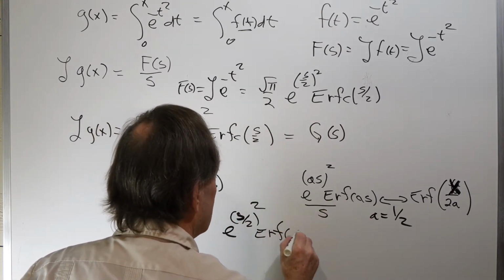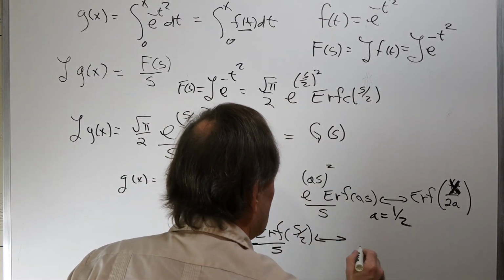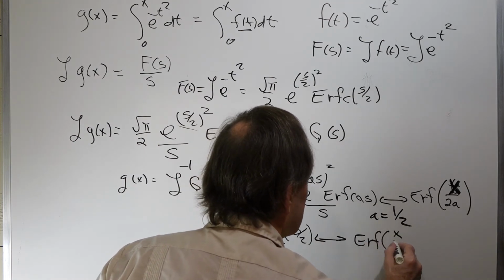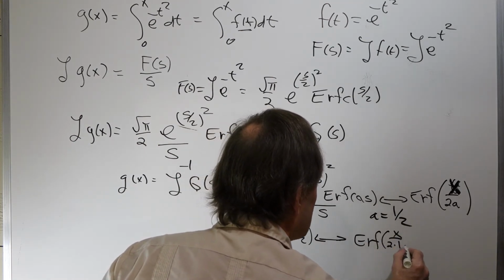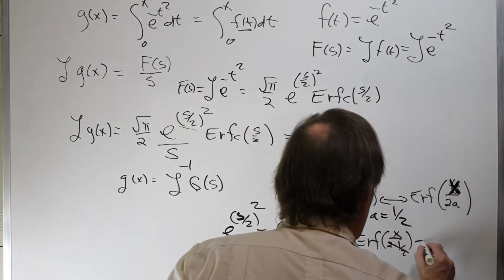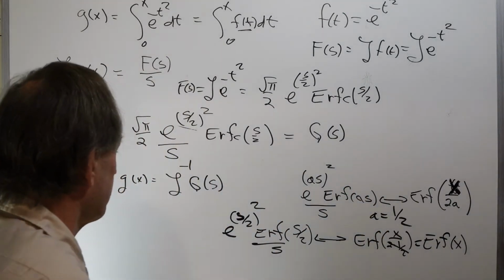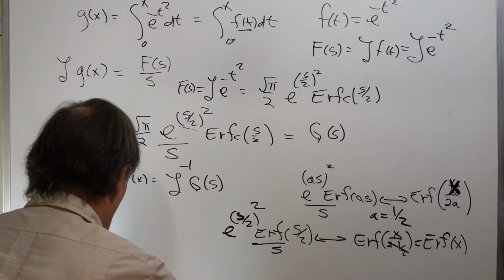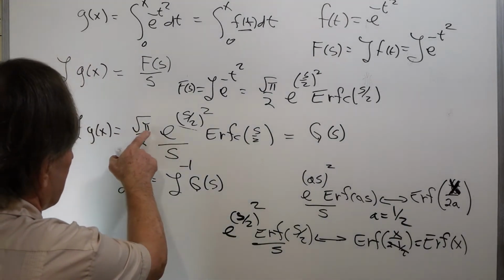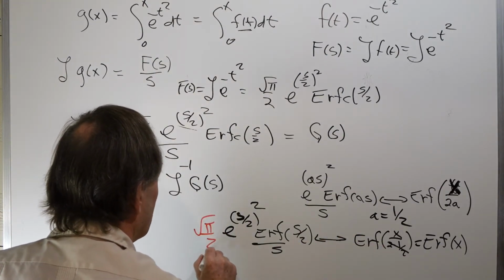The error function of s over 2 divided by s, and this will go to the error function of x over 2 times 1/2, or it's just, those cancel, and it's just the error function of x. Now, the only difference between these forms is that we have a square root of pi over 2. So we multiply both sides by square root of pi over 2.